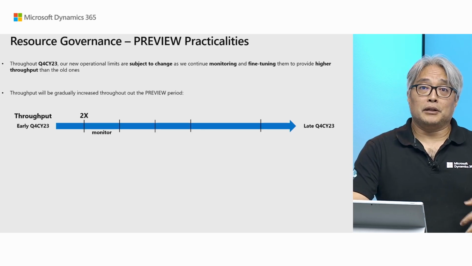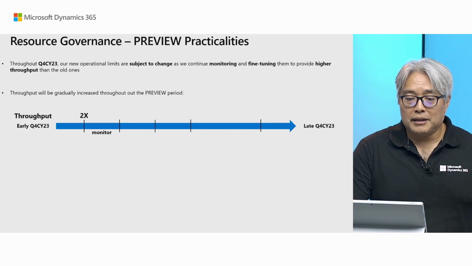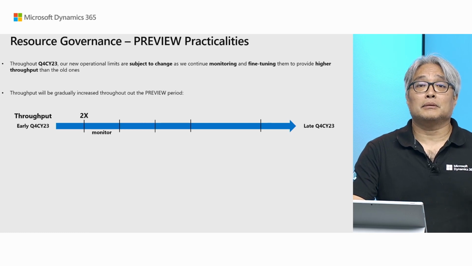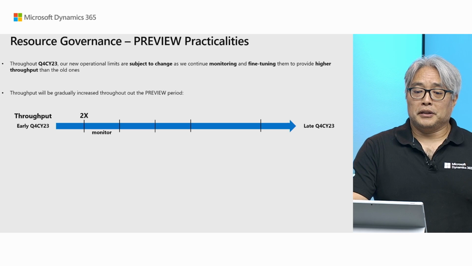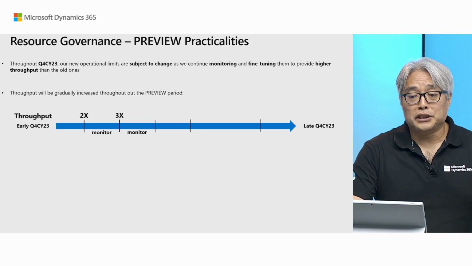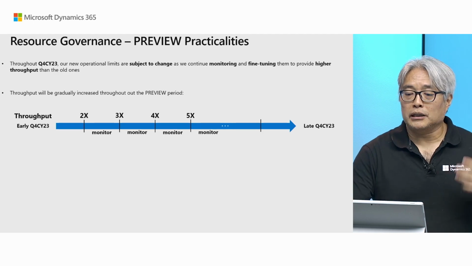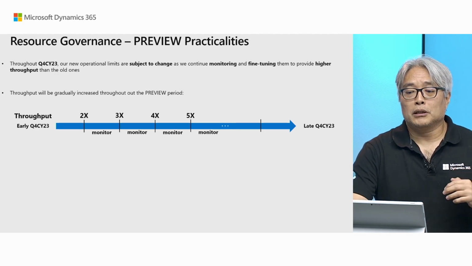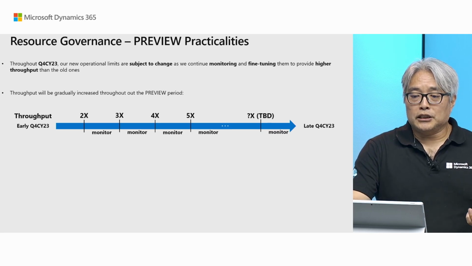For example, we will increase it from 3 to 6 or 9 parallel tasks per environment. And then we monitor the situation, and then we keep increasing it 3 times, 4 times, 5 times. We keep continuing increasing until we have an optimal throughput that we can provide, right? And that is essentially what we plan.